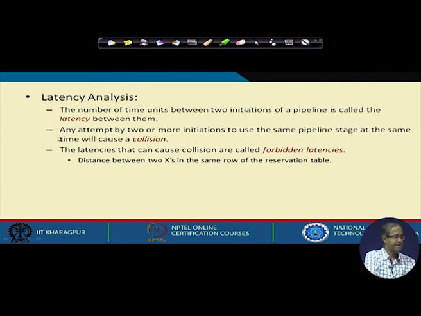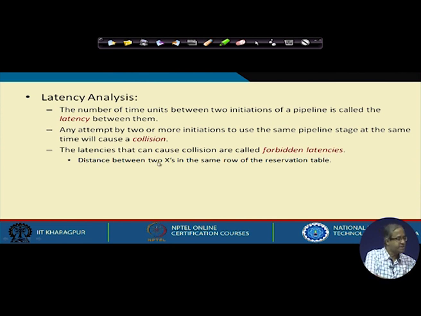As I said, if we are not careful enough, then 2 or more initiations may try to use the same stage at the same time, which results in a collision. Some of the latencies will definitely result in a collision, and such latencies are referred to as forbidden latencies. We cannot use those latencies.